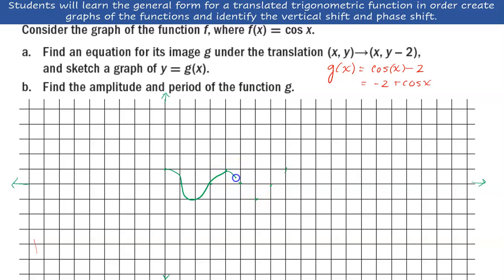When you're looking at the equation, all we're doing right now is graphing the cosine curve. Okay, so we know this is our cosine curve.